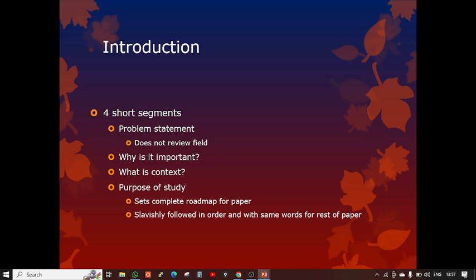What is the uniqueness of your research? You did research in a particular field or on a particular topic, and you chose a title. So why is it important compared to the others? You also have to make some points here and clarify them. What is the context? It is also explained in the introduction section. Which context are you doing the research in?